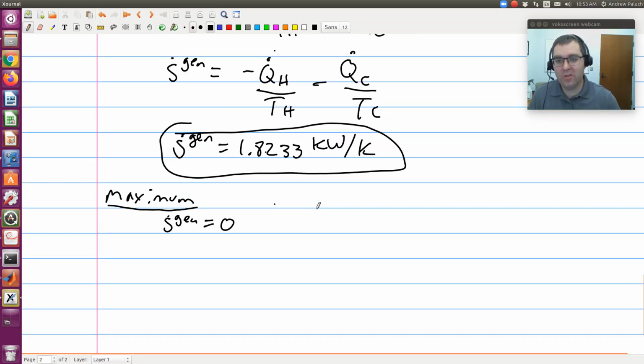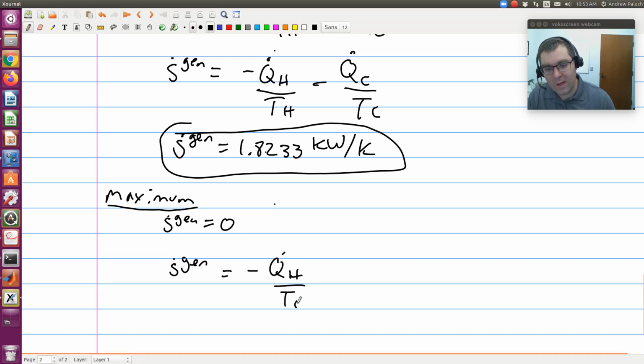So I'm going to have Sgen equal to 0 for this maximum case, where S dot gen is equal to negative Q dot H over TH minus Q dot C over TC, and that's going to be equal to 0.